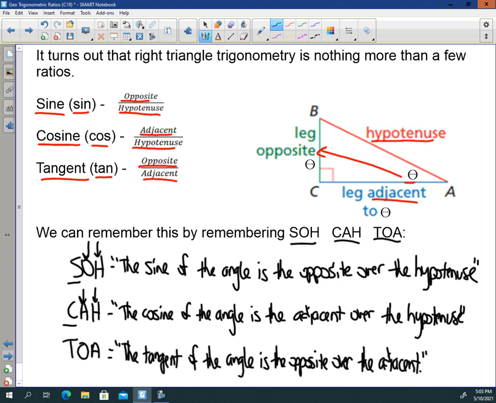Again, what these sentences are doing right now is confusing you. But what they will do very soon is tell you exactly how to write an equation, and I'm going to show you all of that. So don't worry. The tangent is the opposite over the adjacent. I'm just introducing the idea of remembering these relationships by remembering SOHCAHTOA.